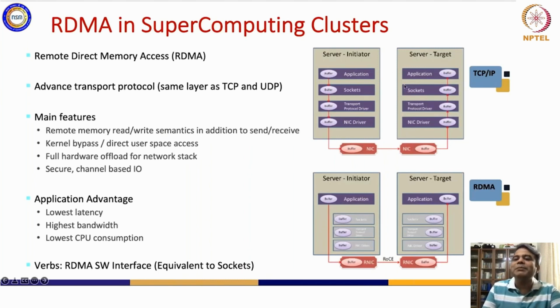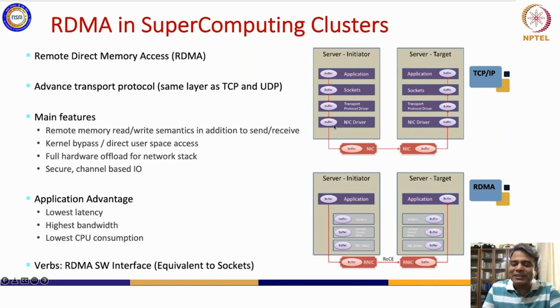If you look at what happens in a typical TCP/IP protocol, the application, let's say it's a routine which contains data in a particular buffer, and that buffer is part of the RAM. The application copies that buffer to the sockets layer, which copies the data from its own buffer to the transport and protocol driver inside the adapter in a server.